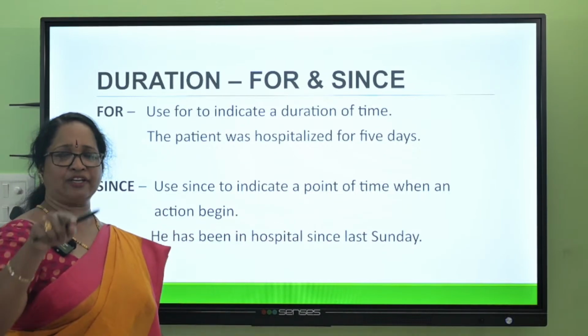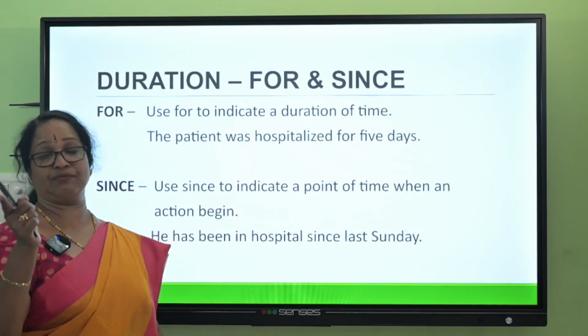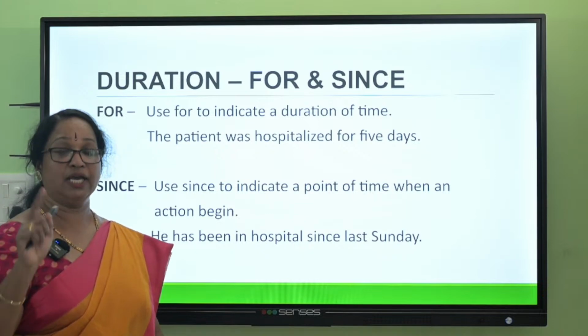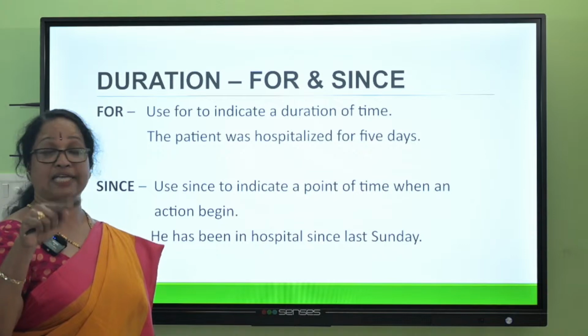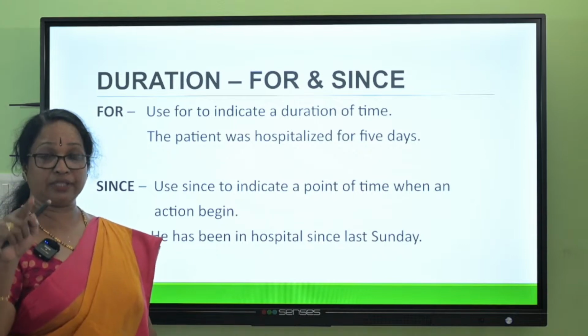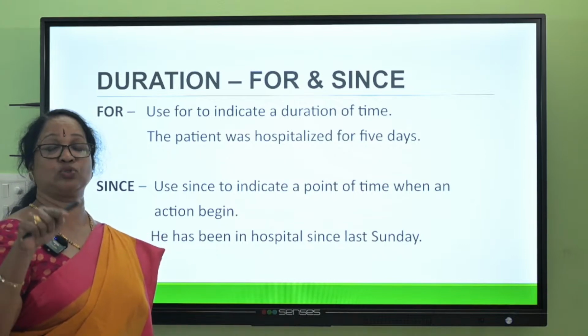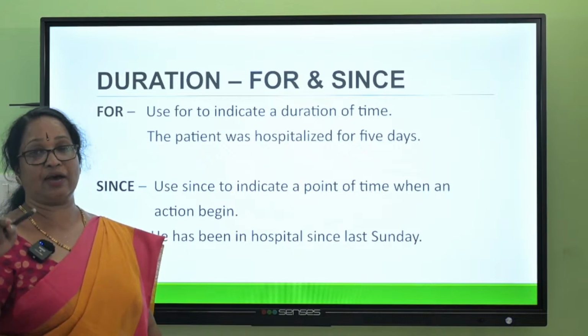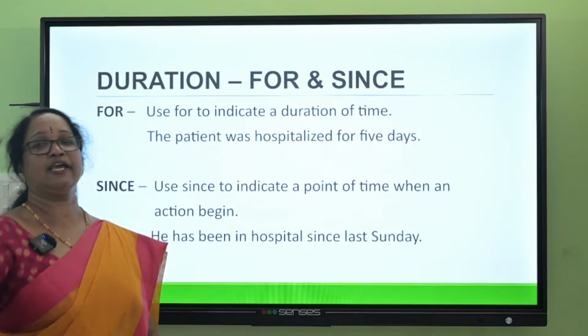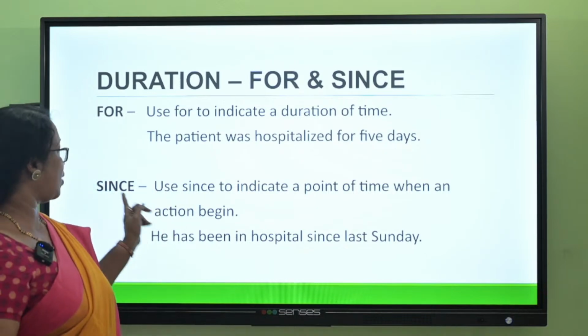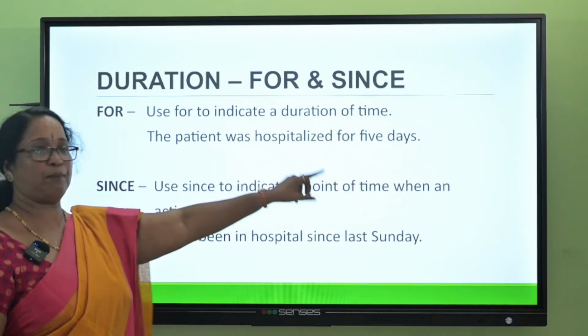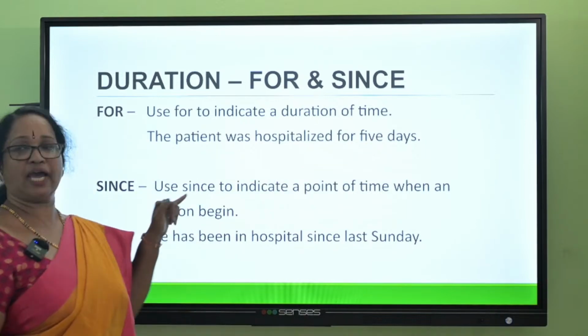Same like that, you can write has had in the past medical history. He has had hypertension, then diabetes mellitus since 2001, 2011 respectively. Since, from there onwards. That's why since indicates a point of time when an action has begun.